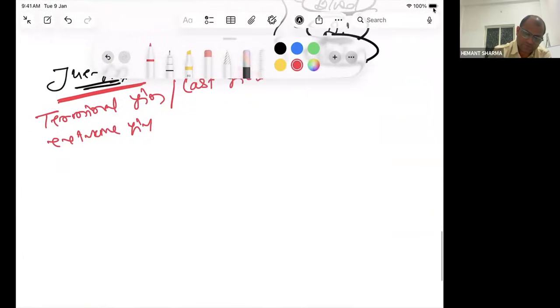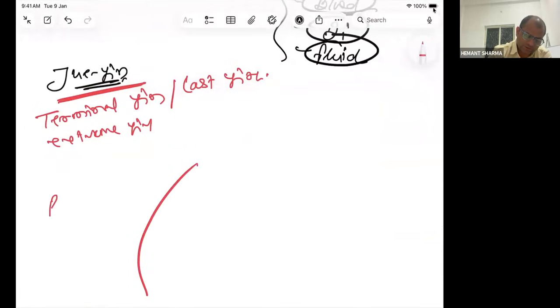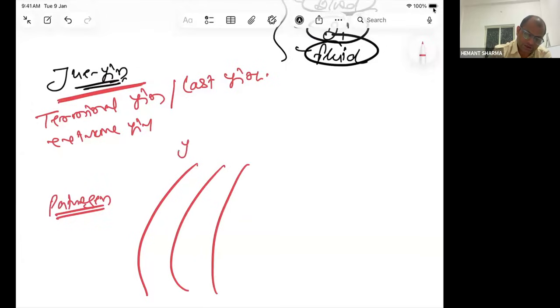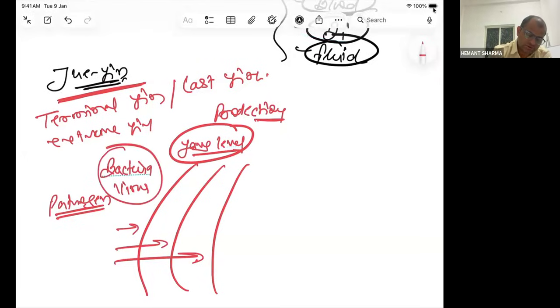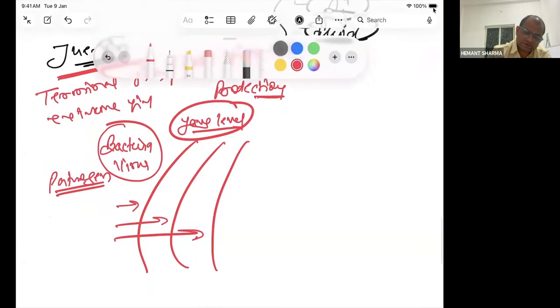It means whenever any pathogen is attacking the human body, first the pathogen has to fight with the yang level because yang does the protection. Some bacteria, some virus entering the body first has to fight with the yang. Suppose the bacteria or virus is too strong and entering the body, then it will affect the yin.